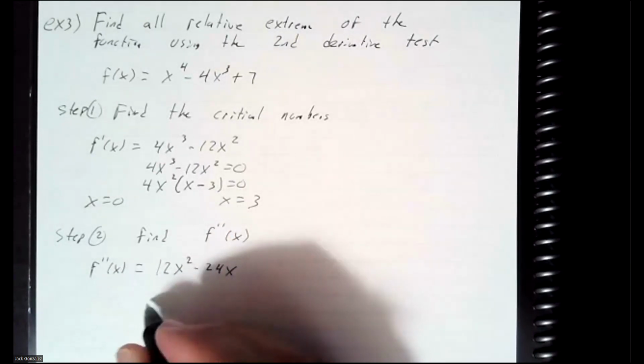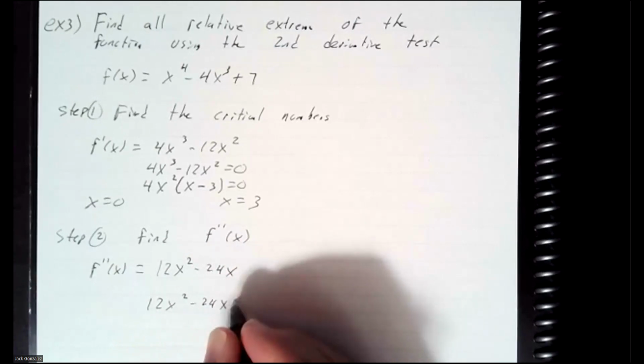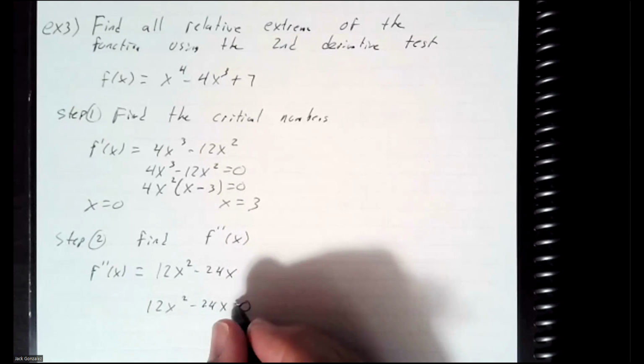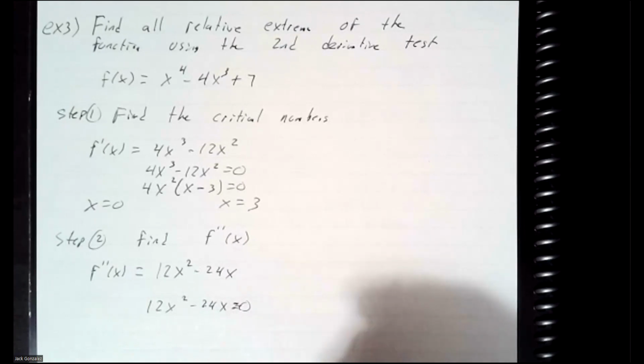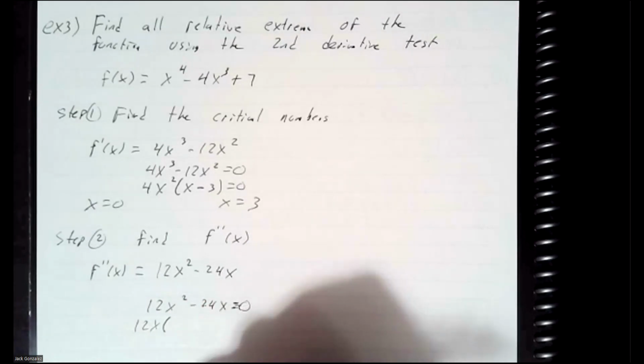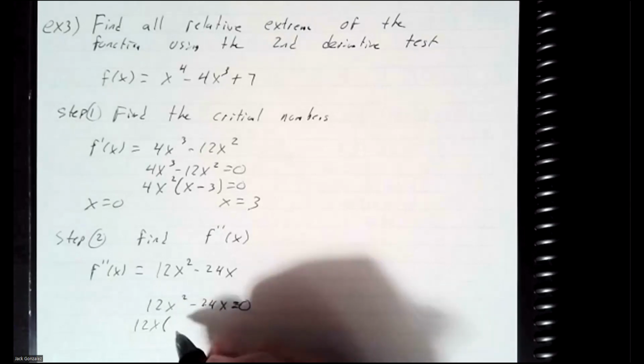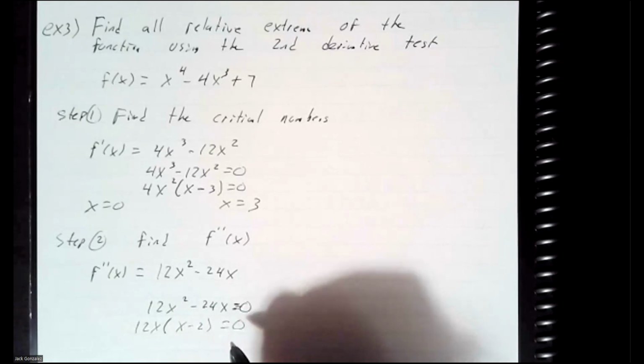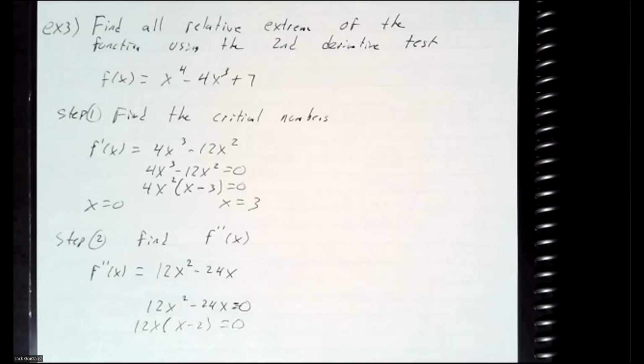Okay, and if we set that to 0, factor 12, right? That would be x minus 2. 12x.